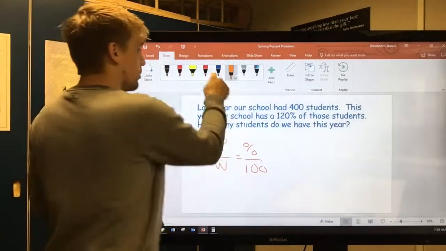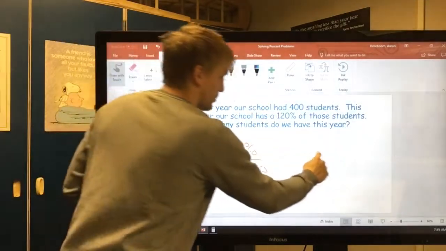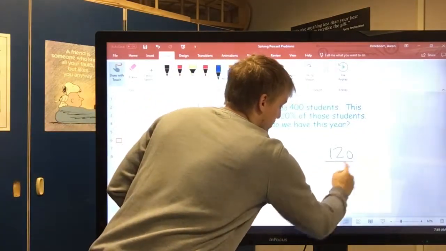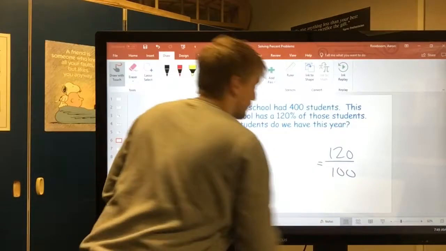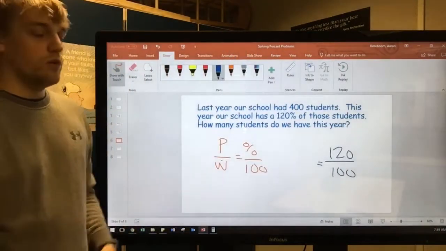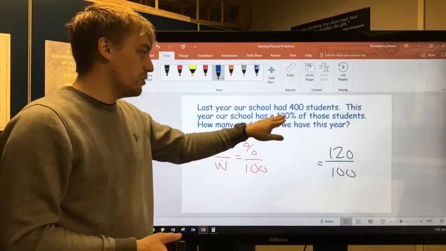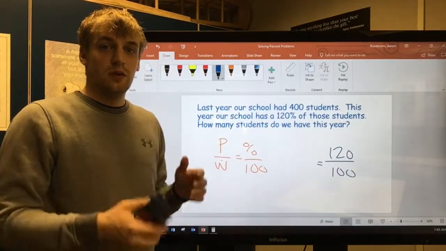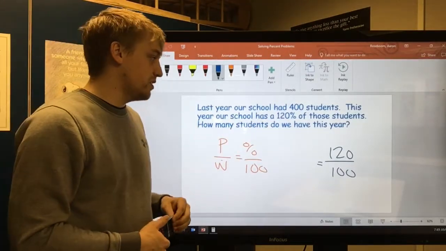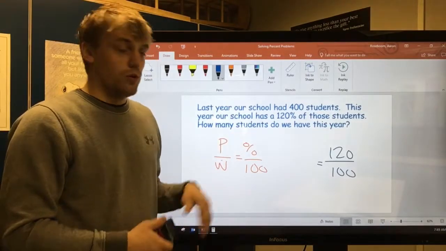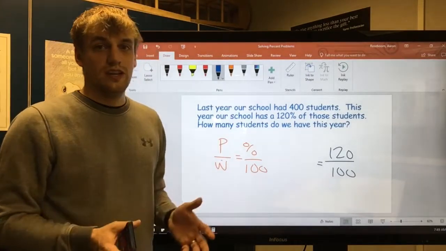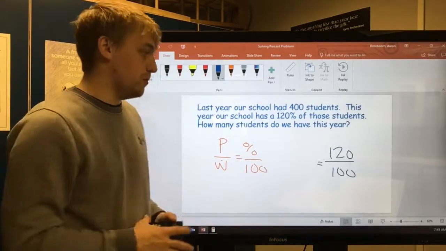So we're going to plug in 120% for the percentage, which is over 100. Okay, and one thing I've not mentioned yet, I guess, and I should have probably, is that when you deal with percentages, in some methods when you're solving for percentages, you need to move the decimal. Well, when you do the part percent whole, you do not need to move the decimal. So that's something to keep in mind.